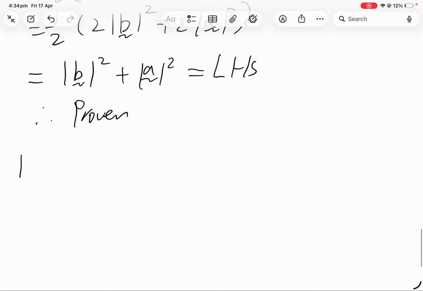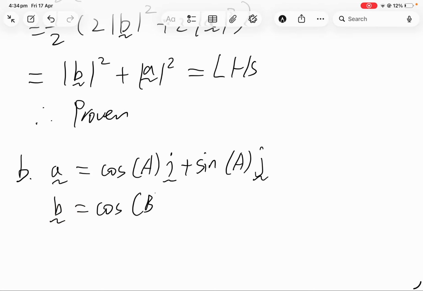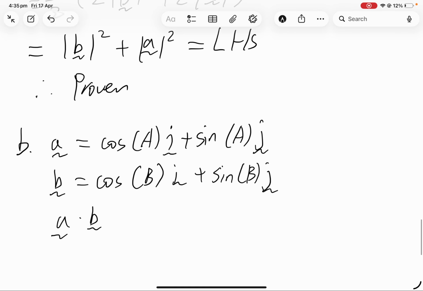And then we can do part b of this, which says if vector a equals cos A i plus sin A j, and b equals cos B i plus sin B j, determine a dot b and hence show that, we're going to do this first.